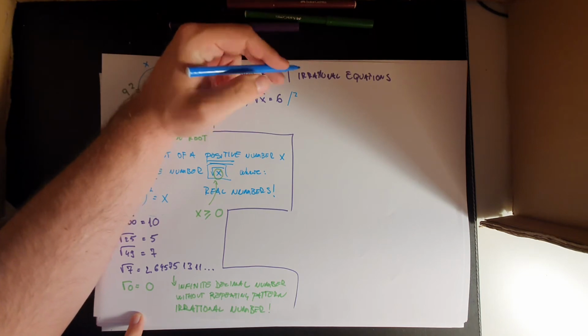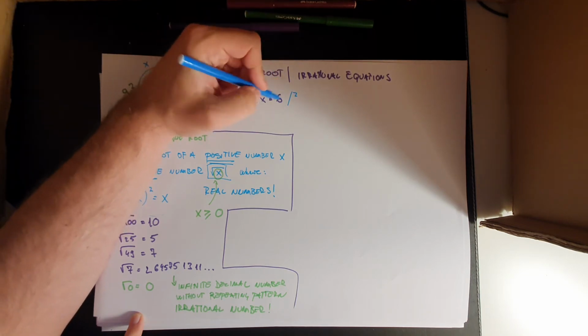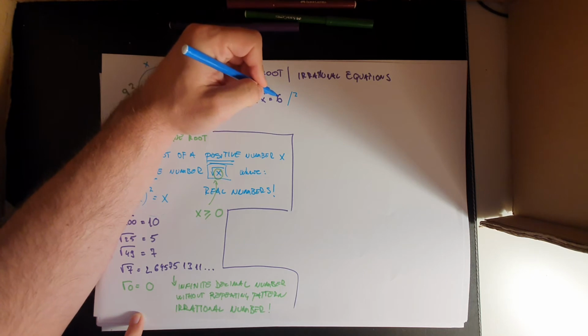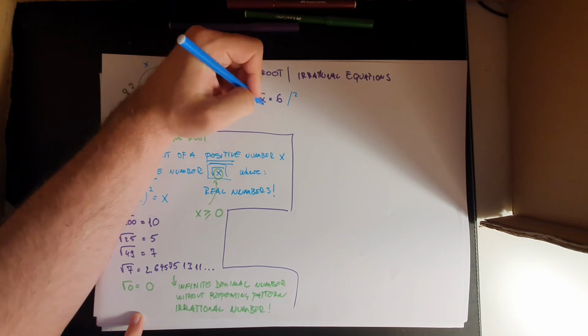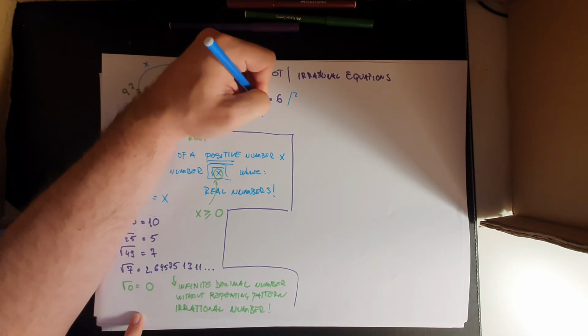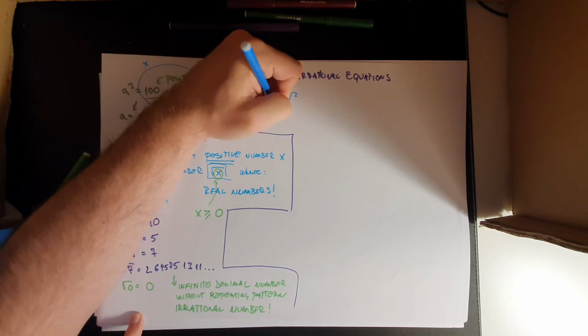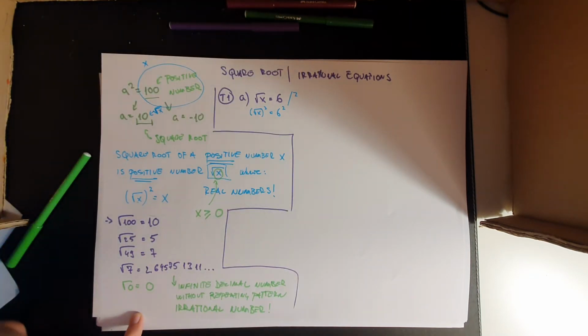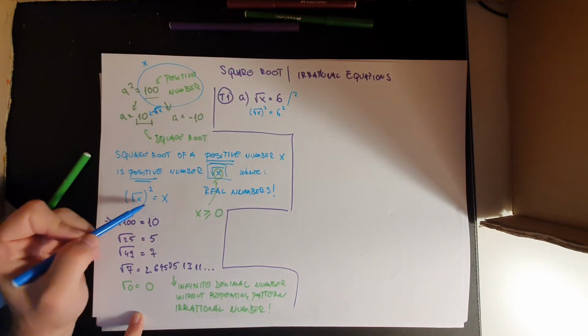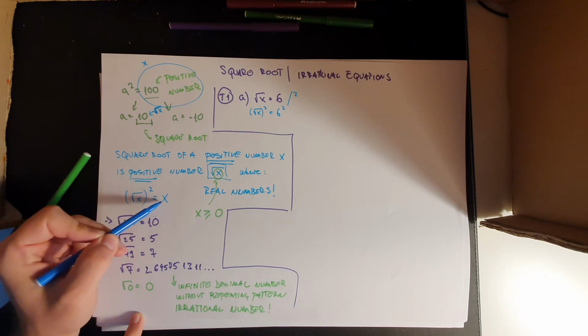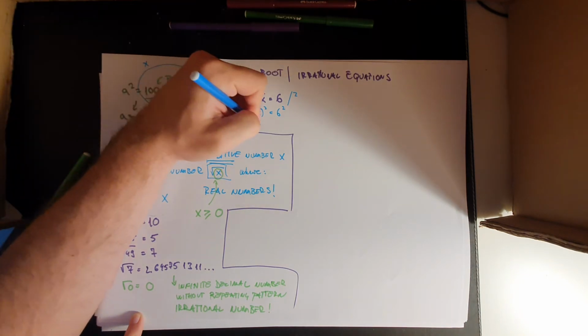So what the square does in this set: left side squared, right side squared. So let's start with the left side. Square root of x, squared, is equal to 6 squared. I'm not going to apply the square yet. I'm going to do it in the following step. So I'm applying the definition: square root of x squared equals x. So this means that we have x.